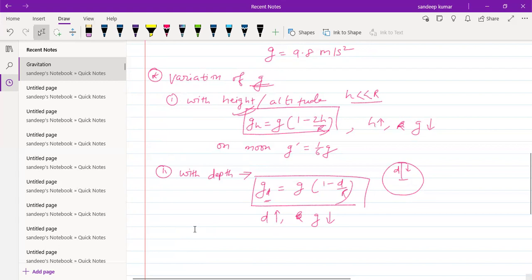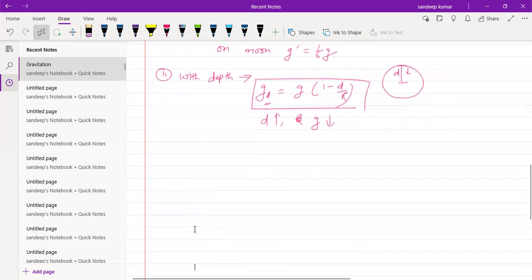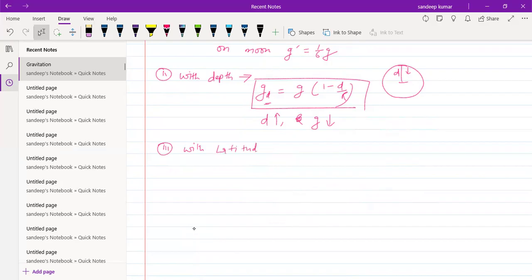Third variation is with latitude. Suppose this is the earth.